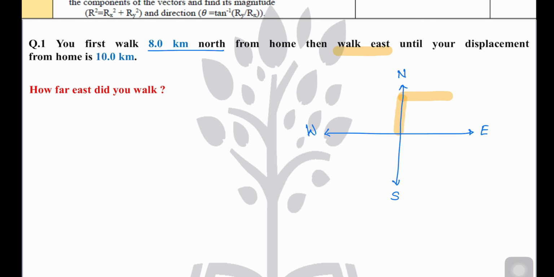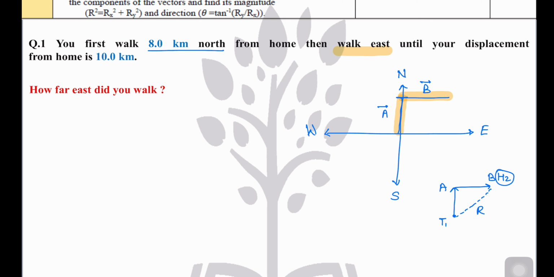Can I say this is your vector A? When you are going till here, after that you are going like this. This is your vector B. Do you understand? Yes or no? A, then you join and go like this, B. So if you are moving from here, this is tail 1, head 2. So join them. You will get R.